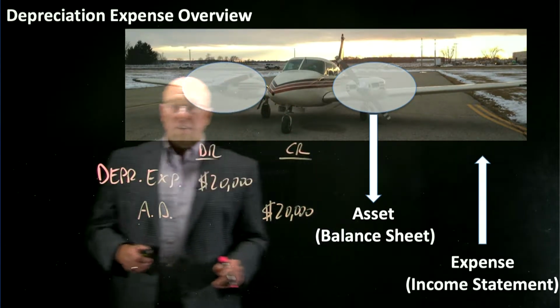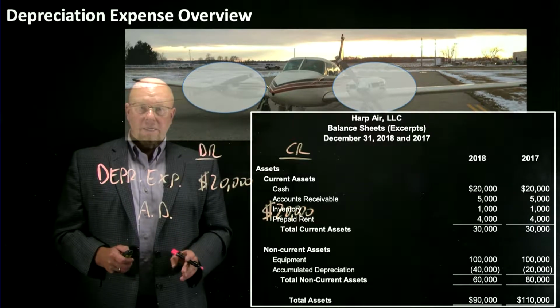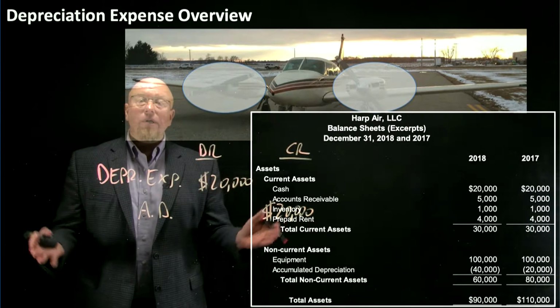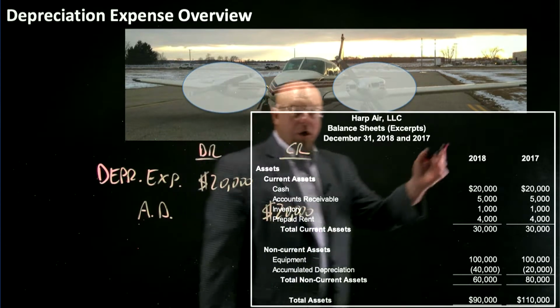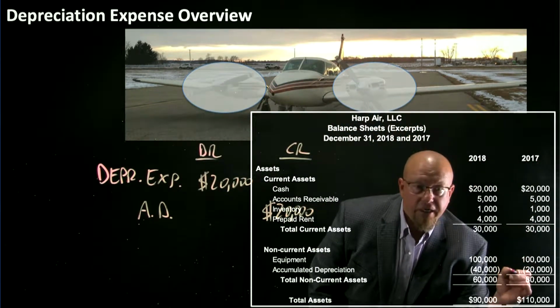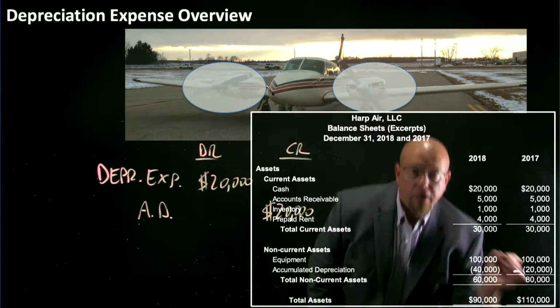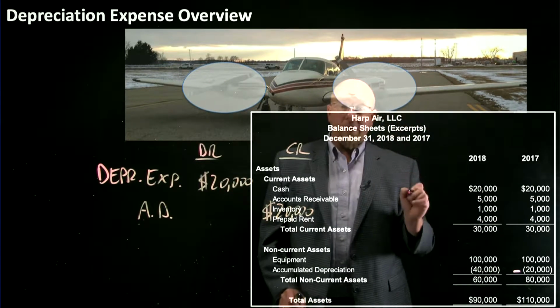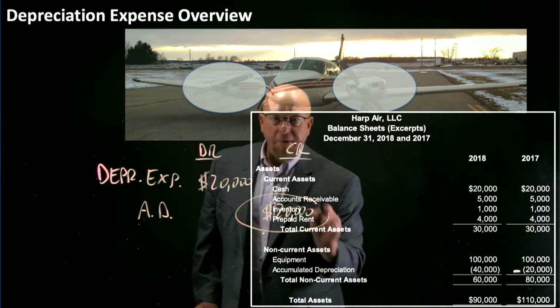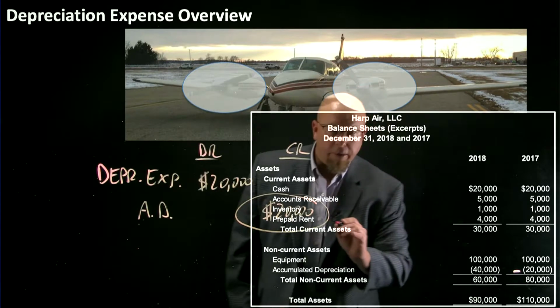And when we do this, what you're going to see happen is the accumulated depreciation balance is going to grow. Remember, at the end of 2017, accumulated depreciation was a $20,000 credit balance. Now, I know it's kind of behind the words there, but I think you'll get the point.